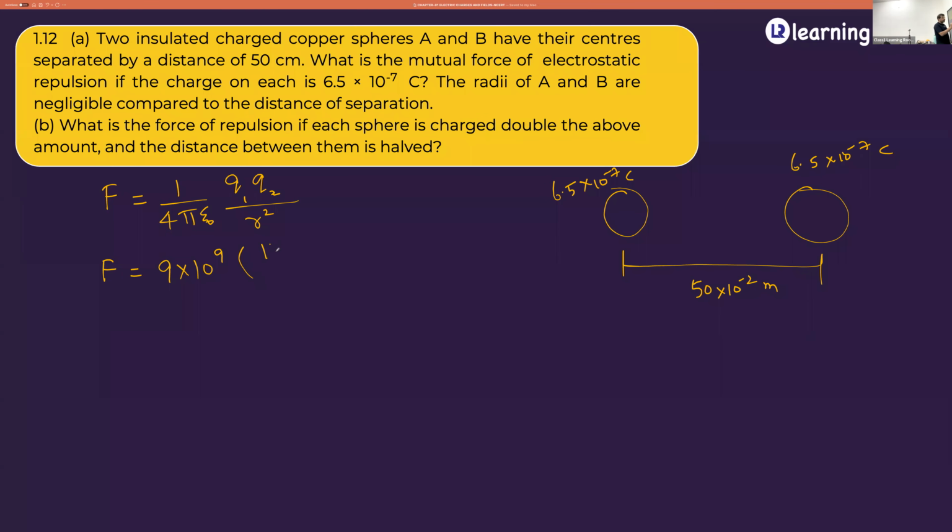So 6.5, I will write it as 13 by 2 into 10 power minus 7, and another 13 by 2 multiplied with 10 power minus 7. The whole divided by 50 into 10 power minus 2, which is 5 into 10 power minus 1. So it is 5 into 10 power minus 1 the whole square.